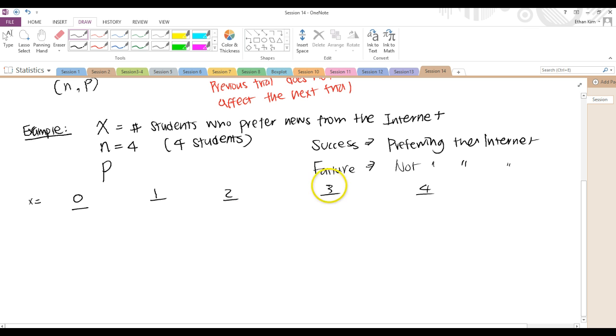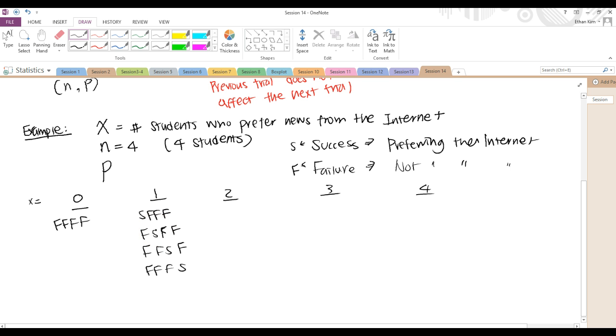These are all the possible cases for the sample space of X. If it's 0, it's going to be what? 4 students, all of them fail. I'm going to denote success as S and failure as F, right? And if it's 1, you can have S, F, F, F, then F, S, F, F, and so on, up to F, F, F, S.